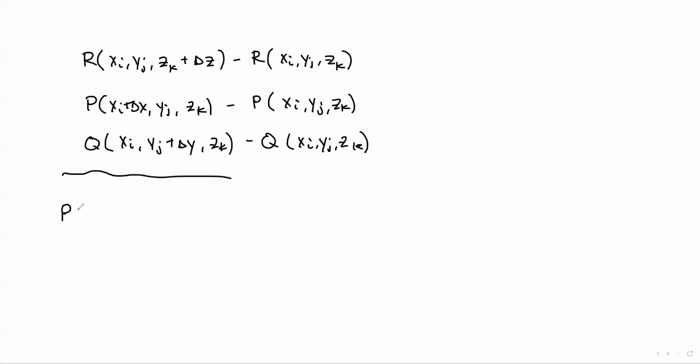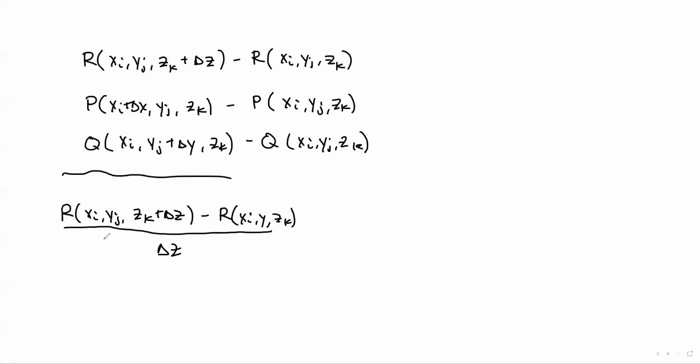So we know that R of x sub i, y sub j, z sub k plus change in z minus R of x sub i, y sub j, z sub k over change in z, if you take the limit as change in z goes to 0, we know that this equals the partial of R with respect to z. Okay, so what we can say there is if we get rid of this limit part, we can say that these are approximately equal.